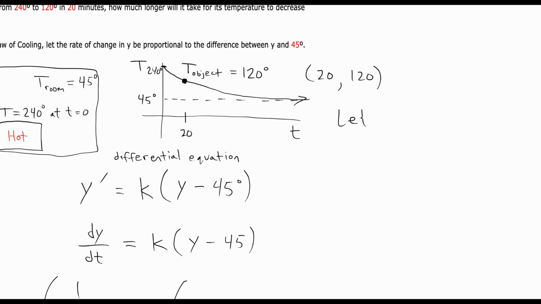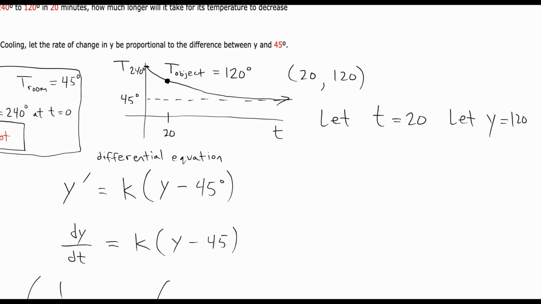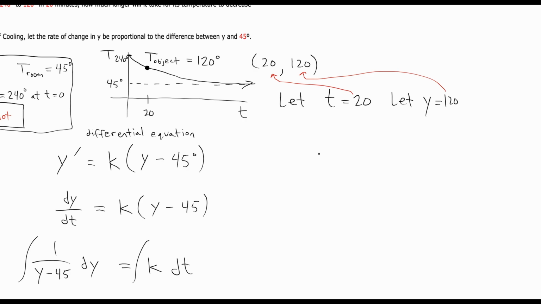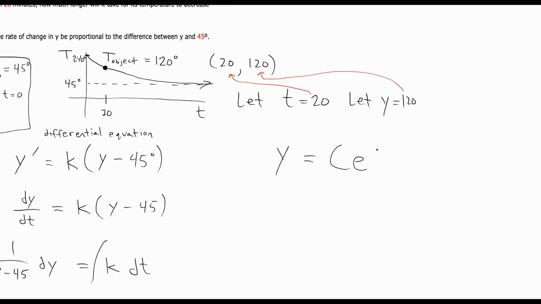We're going to let t equal 20 and let the temperature be 120. So let's plug those in. The general solution was y equals Ce to the kt plus 45.